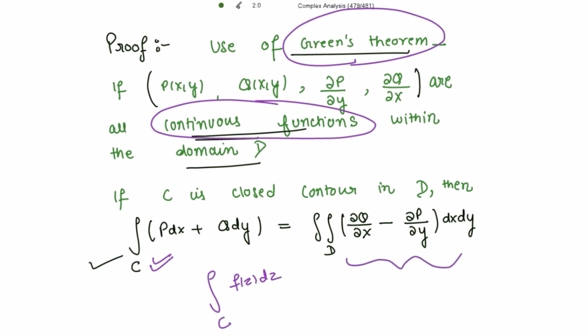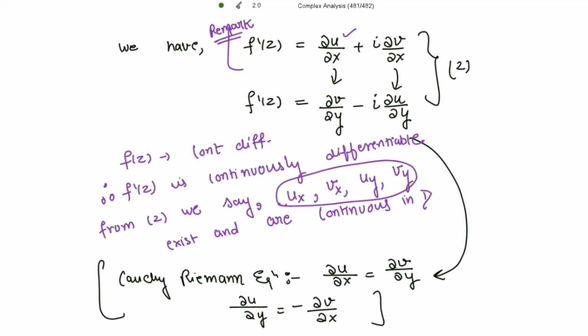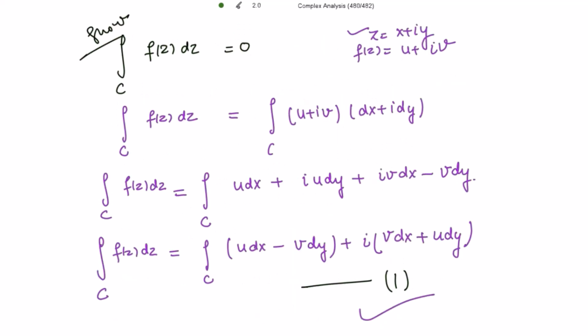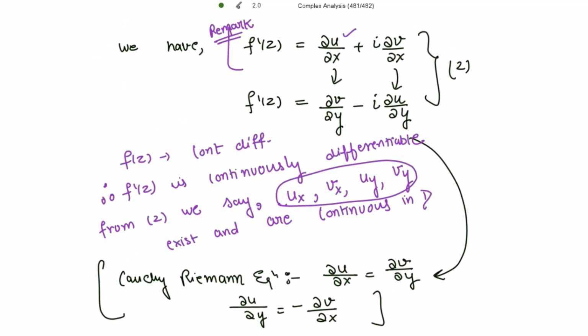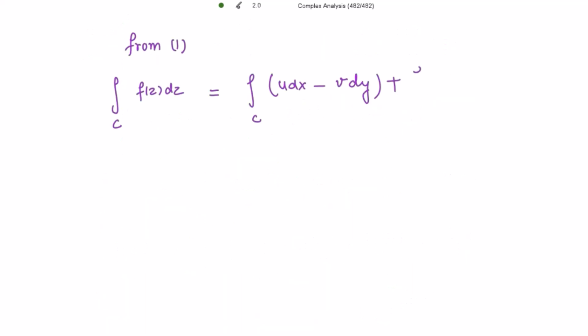Okay, let's use this. So from 1 we have the line integral of f z dz equal to the integral of u dx minus v dy. We have marked this equation as 1, plus iota times this integral.